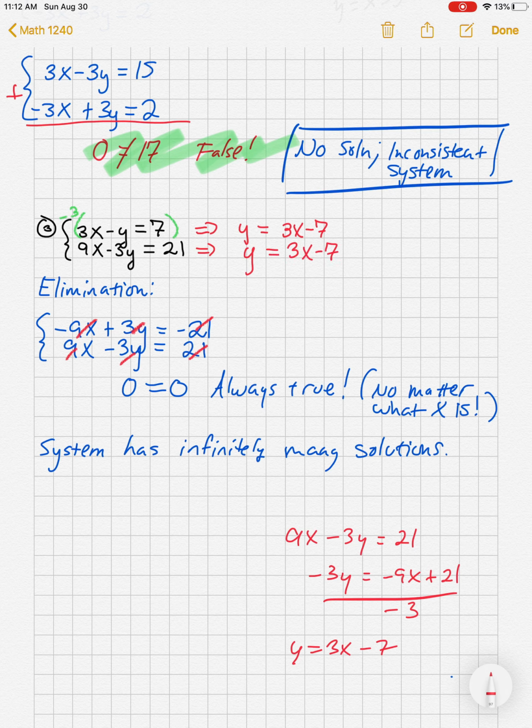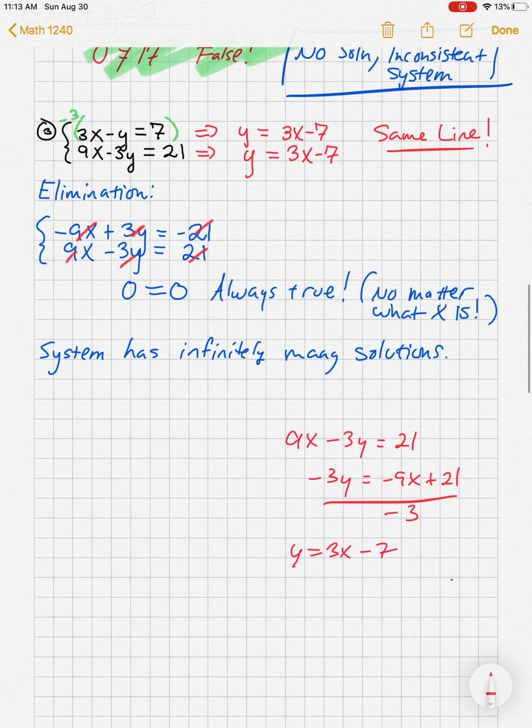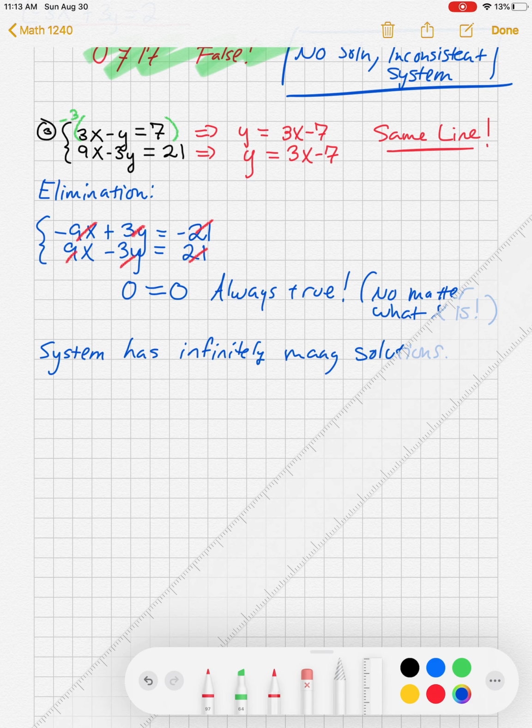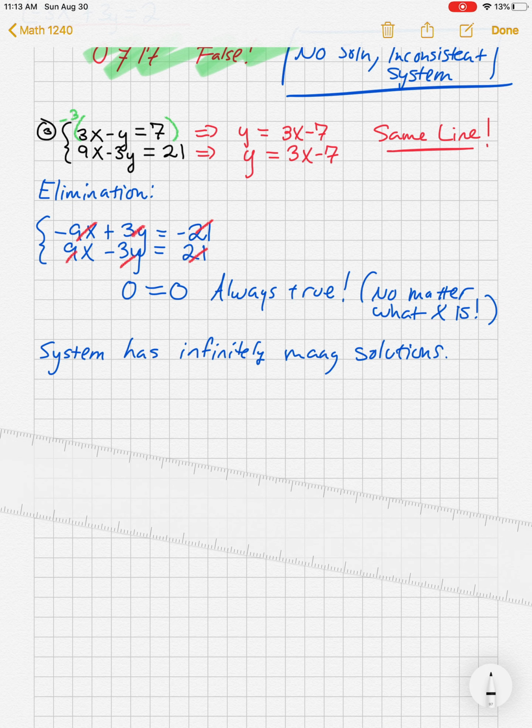You see how I have two equations here? But really I don't. I really have the same line written twice. So I have the same equation but written in a different way. If you think about what's actually happening graphically here, you really only have one line. So look.